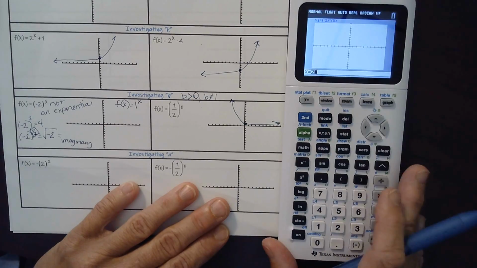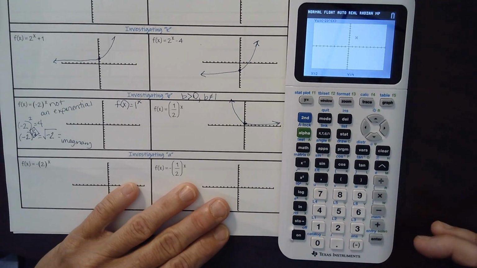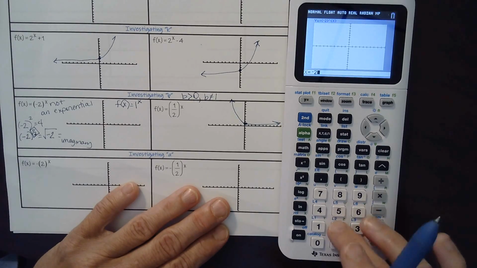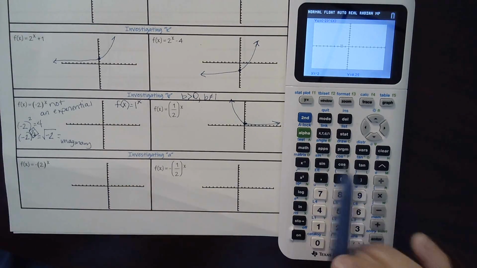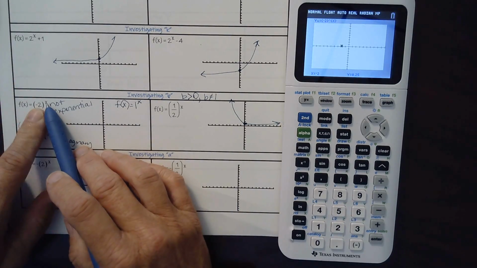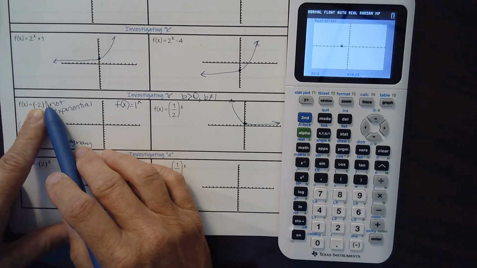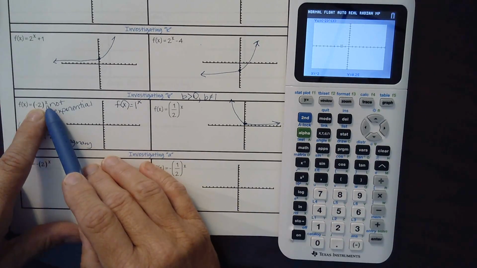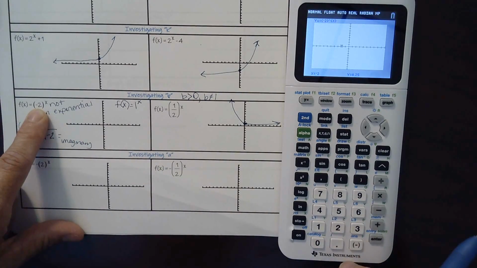You could do this for a variety of numbers. 2, enter. We could do -2, enter, and we get a value. But what you have to remember is the values for x are the powers. Your base is still -2 for this function, but the power is x. Now type in a power of 1/2. I'll use 0.5.